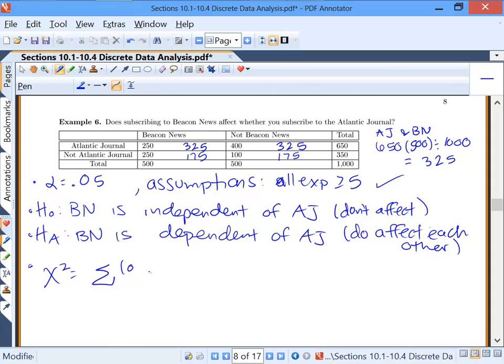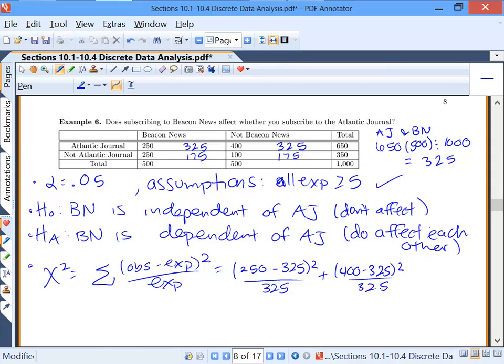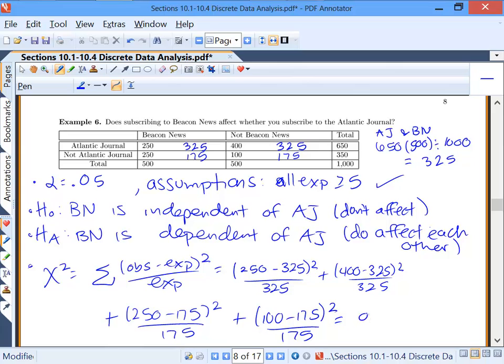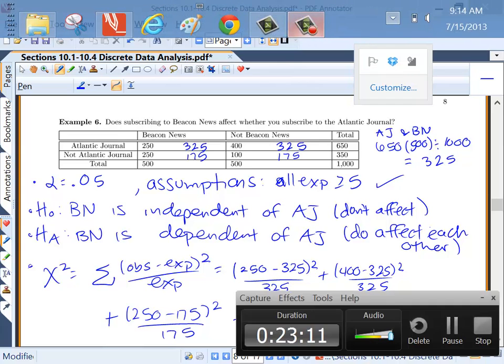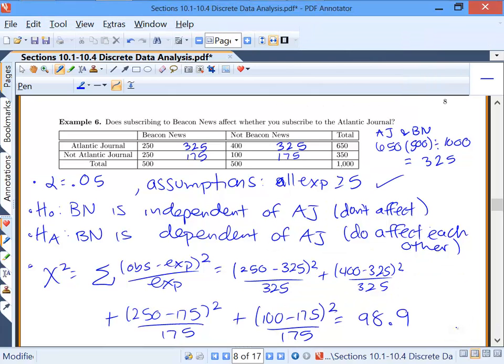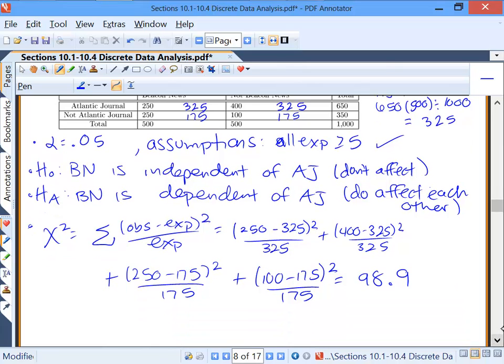Remember, our formula is the sum of each observed minus expected squared divided by expected. So we should have gotten 98.9. Any issues putting it into your calculator?